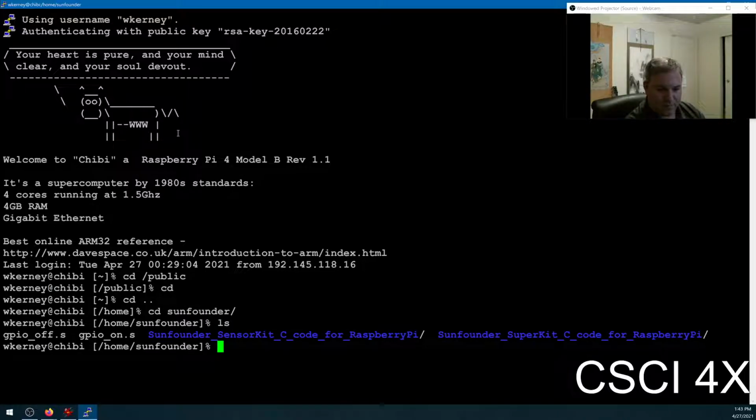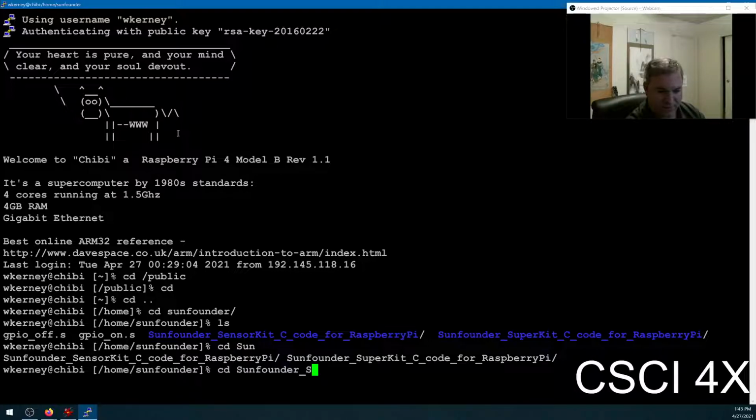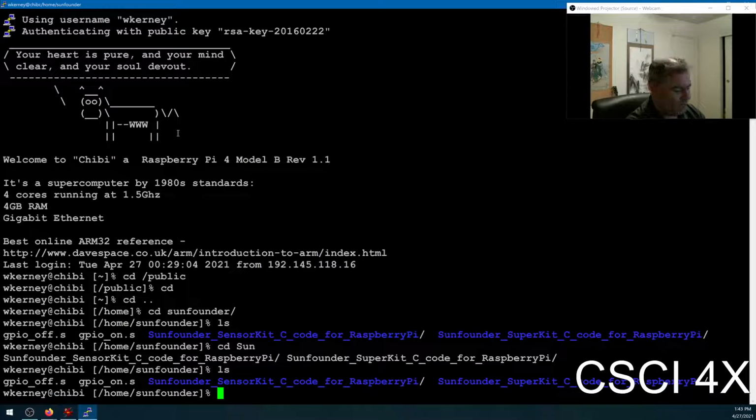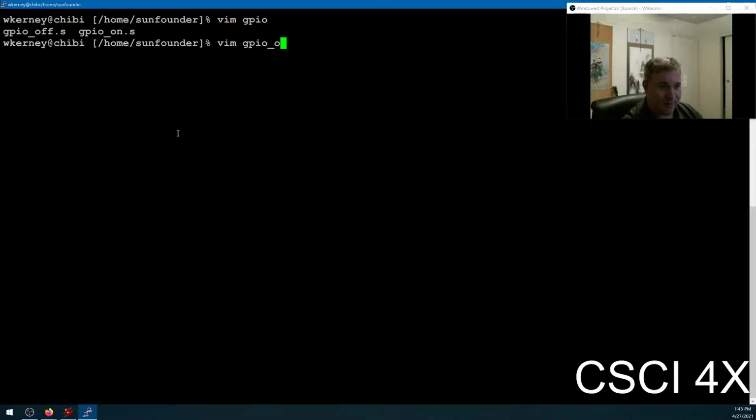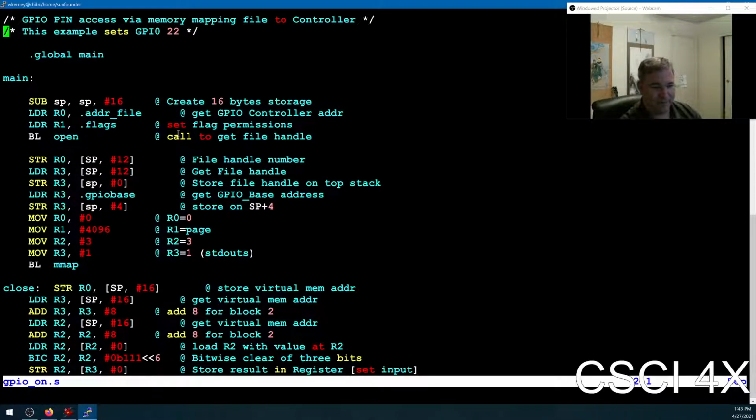So we've got all the SunFounder sensor kit. Oh yeah. So if you guys are curious about how to turn on a GPIO pin using assembly, you remember how I told you about memory mapping a week or two ago? How you can memory map chunks of the system's physical address space into your address space?